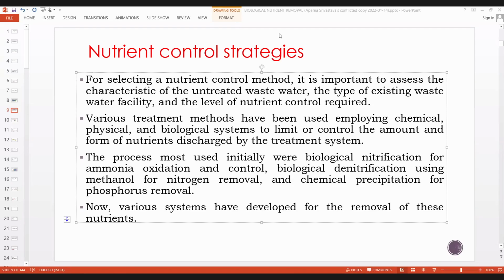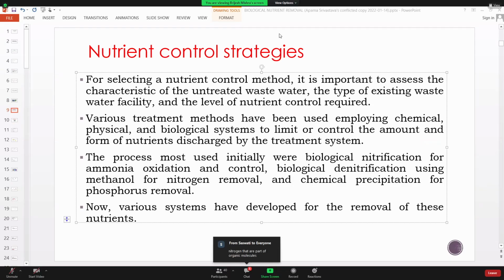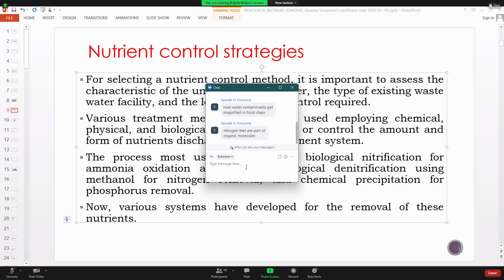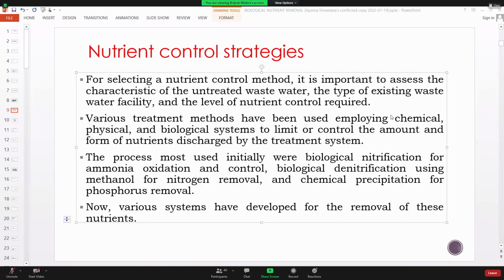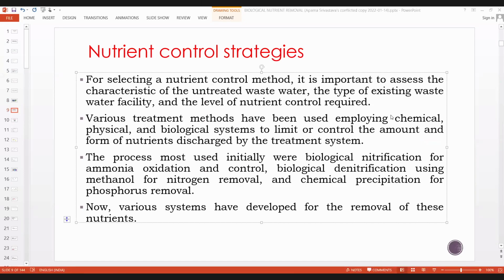Somebody write. Example, I need some example. So amines, nitrosamine, peroxyl nitrate, these are the organic nitrogen. And when I am talking about inorganic nitrogen, I am talking about simple ammonia, nitrates, nitrite.